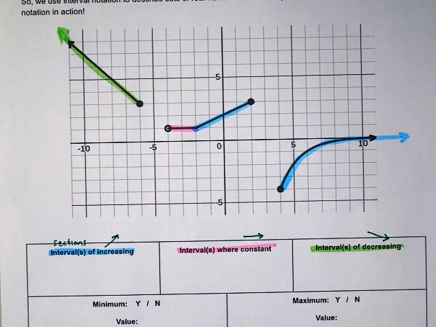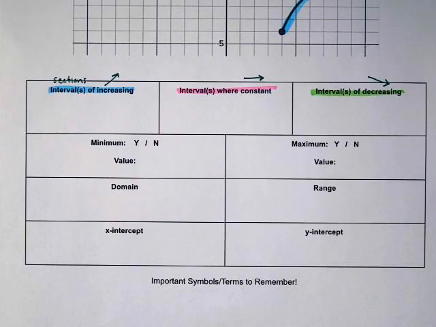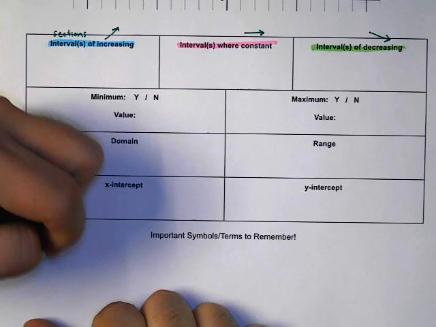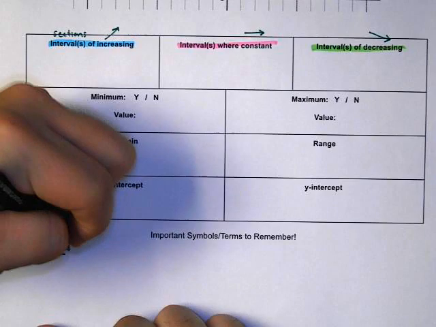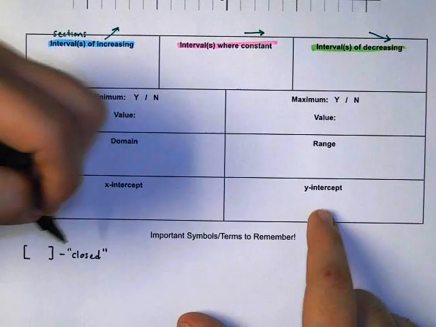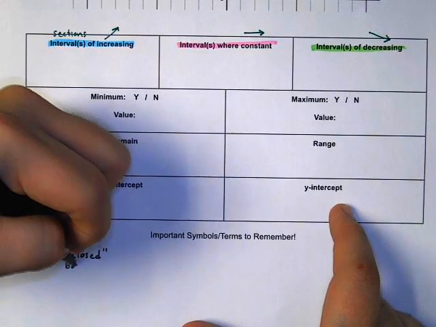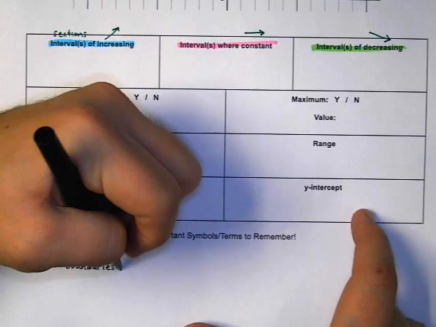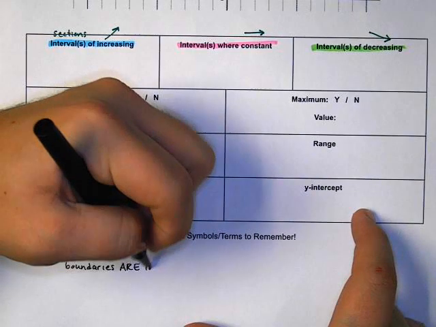Okay? So now that we kind of can see these sections, we need to be able to list them. And remember from before, we have our square brackets. We need to know that square brackets mean, we call them closed. And what I really mean is that the boundaries are included.